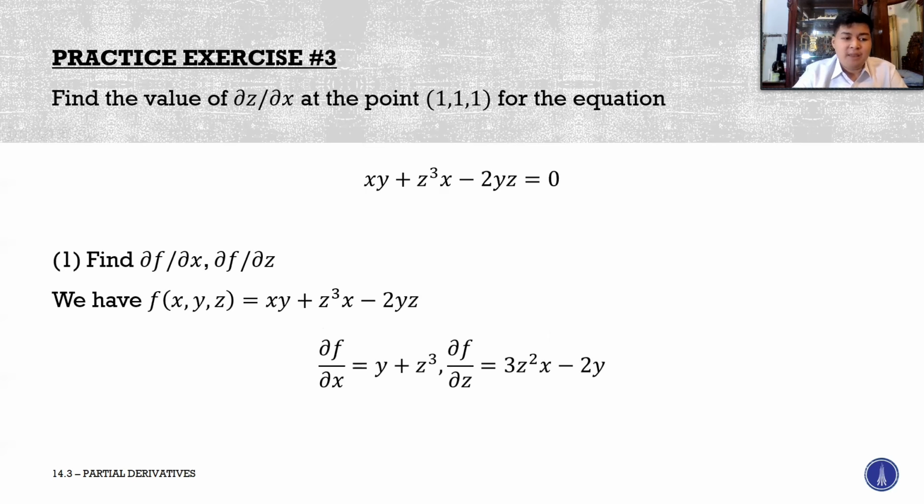So we have the function f of xyz equal to xy plus z cubed x minus 2yz. So we can find the partial derivative with respect to each variable, which is fx, equal to y plus z cubed, and with respect to z, equal to 3z squared x minus 2y.